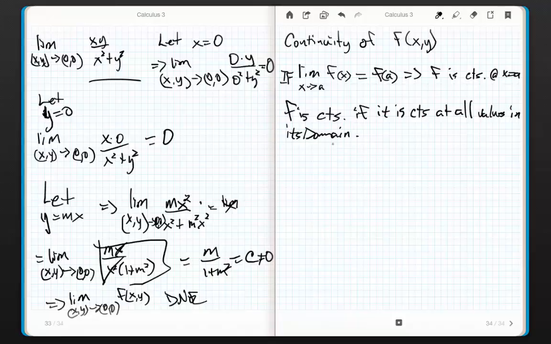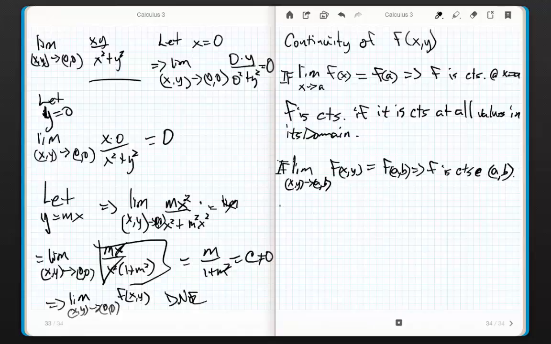All right, so what do you think? How do you think we're going to discuss continuity in terms of functions of multiple variables? Well, that's just if the limit as (x, y) approaches (a, b) of f of x, y equals f of (a, b), this implies f is continuous at (a, b).